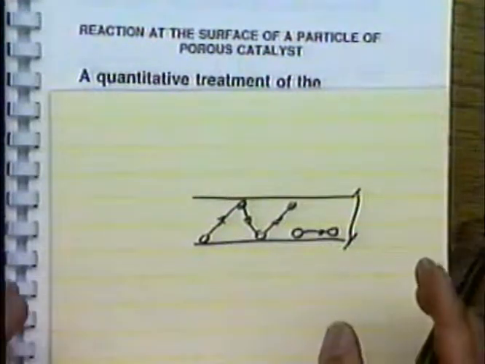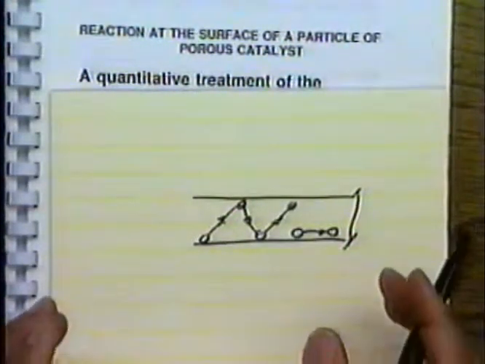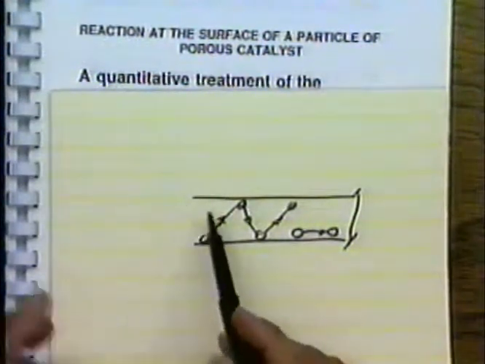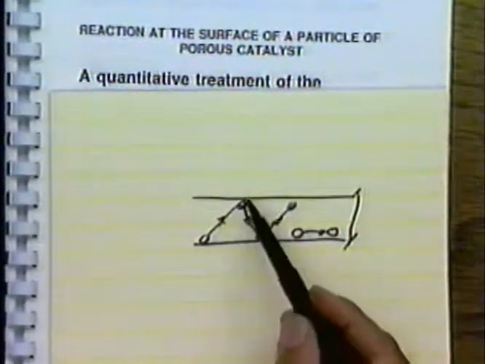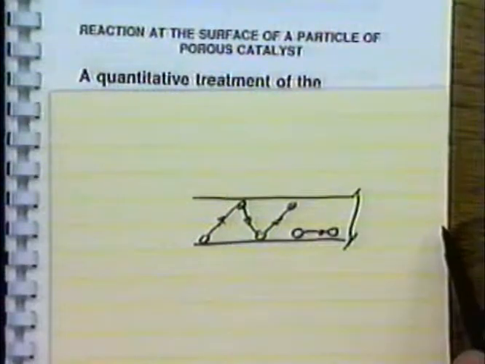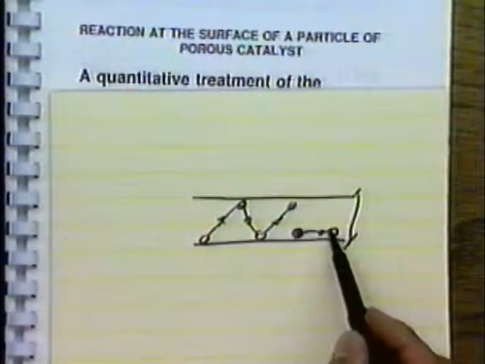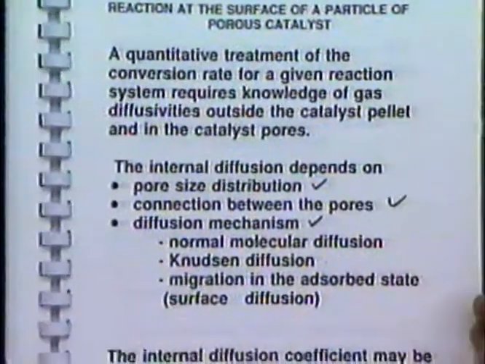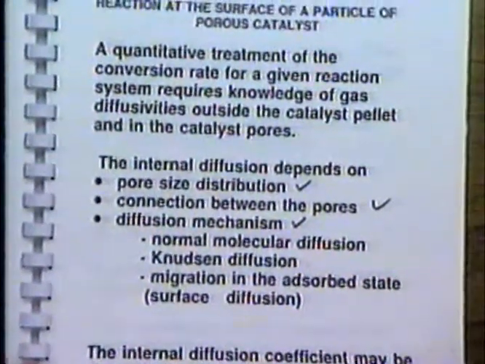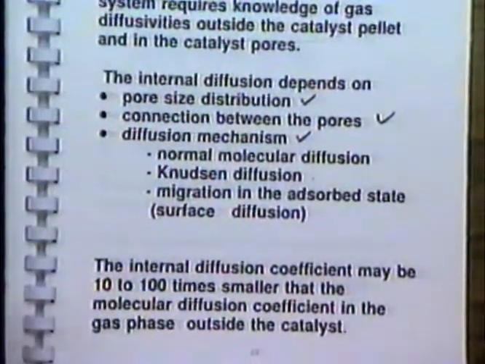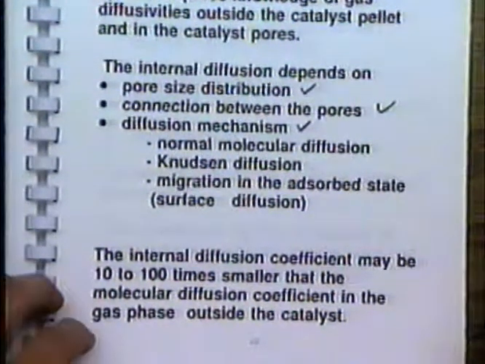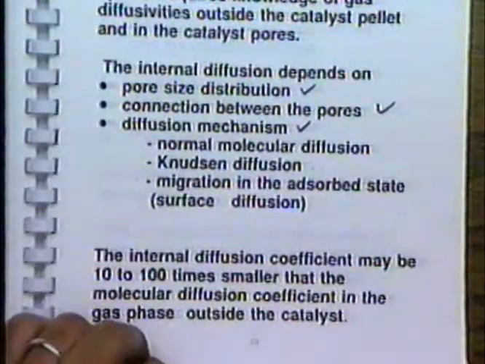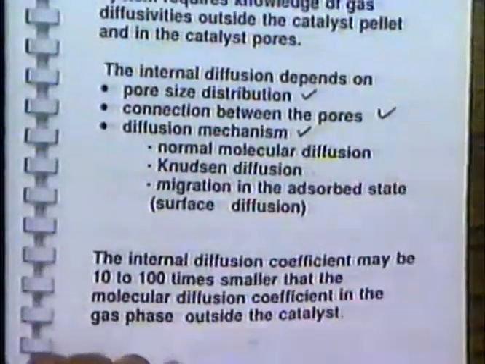So the three mechanisms that we may have for diffusion in a pore are normal molecular diffusion in the gas phase, Knudsen diffusion by multiple collisions with the walls, or migration on the surface of the catalyst. In general, the internal diffusion coefficient, that is the diffusion inside the pore, may be 10 to 100 times smaller than the molecular diffusion coefficient in the gas phase outside the catalyst.